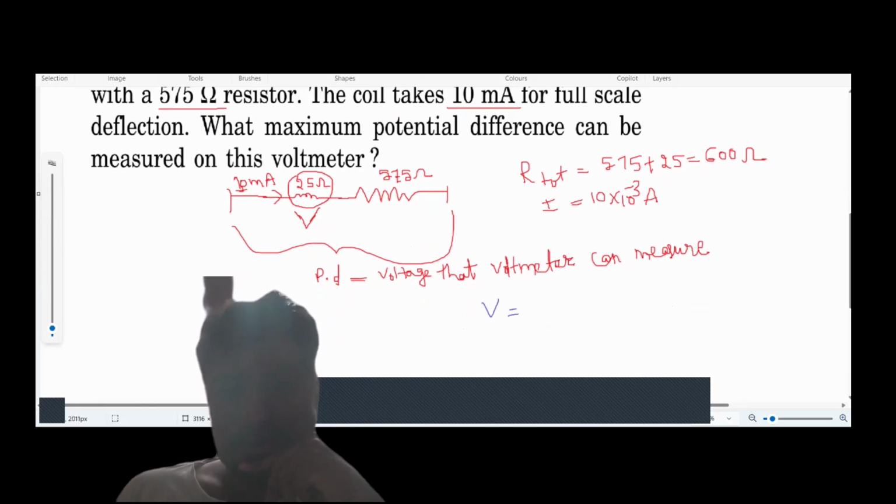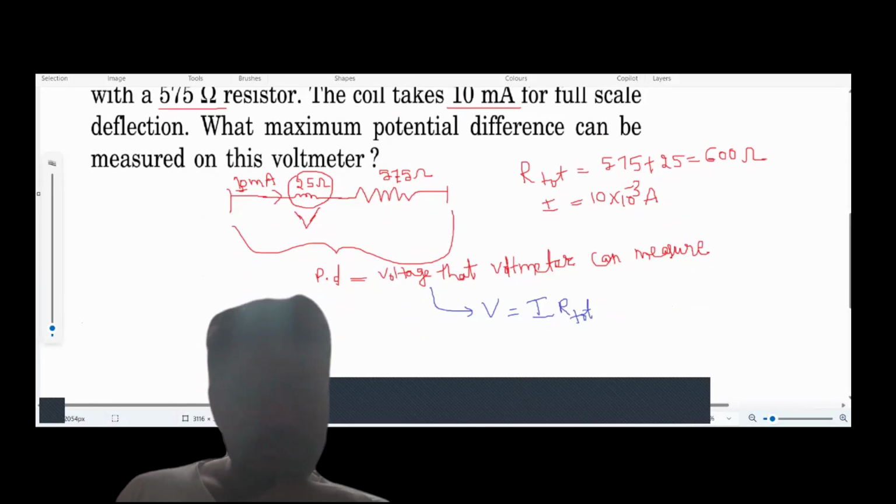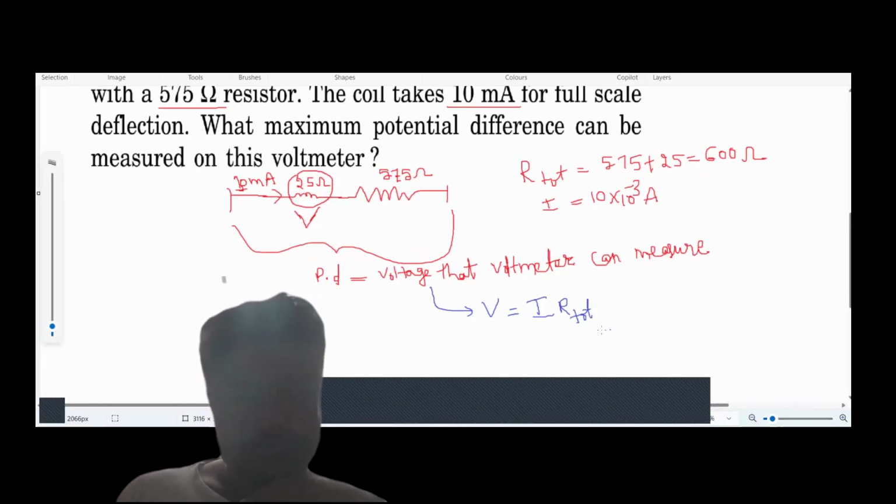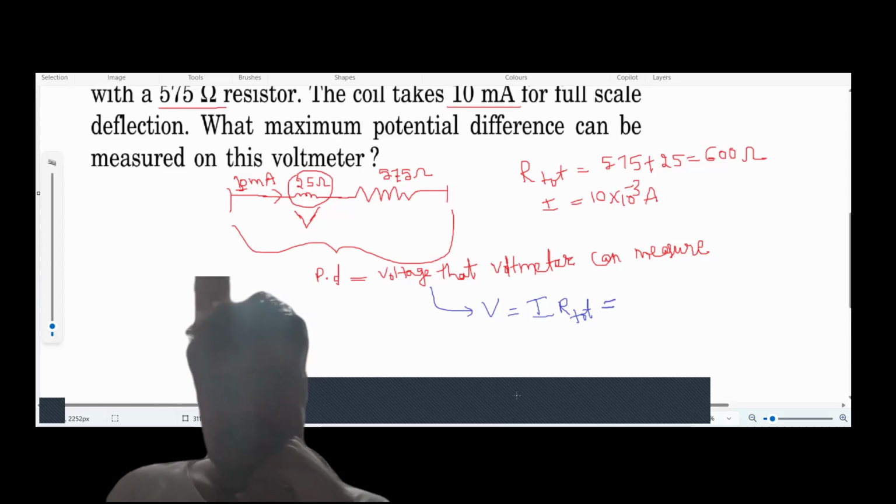The voltage that the voltmeter can measure is I into R total.